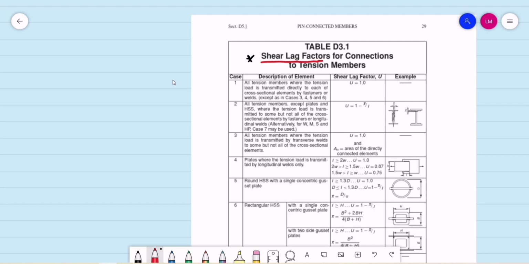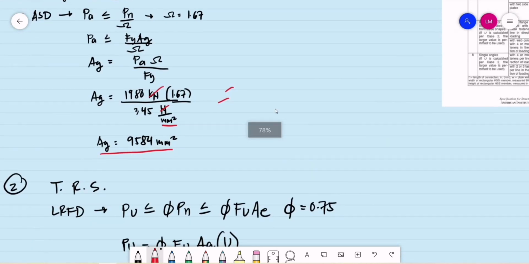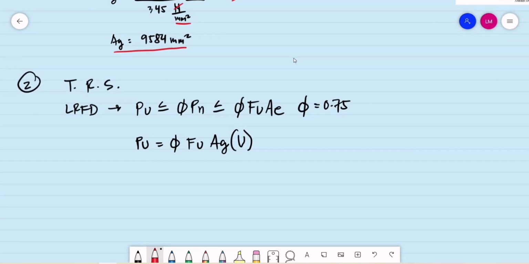For connections, we are to use case number 1: all tension members where the tension load is transmitted directly to each of the cross-sectional elements by fasteners or welds. So we are to use U equal to 1.0, simply equal to 1. So that will be the equivalent of Ae. But again, since we are to consider the areas of the holes, we have Pu equal to φ multiplied by Fu.